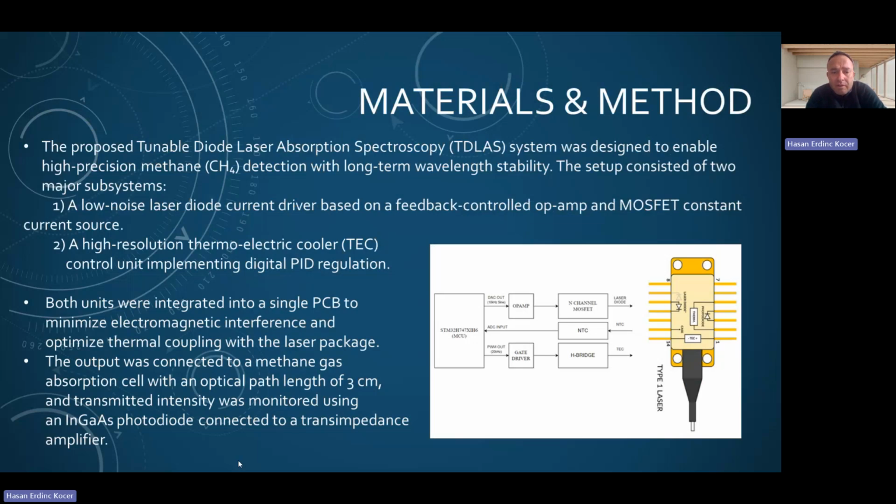Both units were integrated into a single PCB to minimize electromagnetic interference and optimize thermal coupling with the laser package. The output was connected to a methane gas absorption cell with an optical path length of 3 centimeters, and transmitted intensity was monitored using a photodiode connected to a transimpedance amplifier.